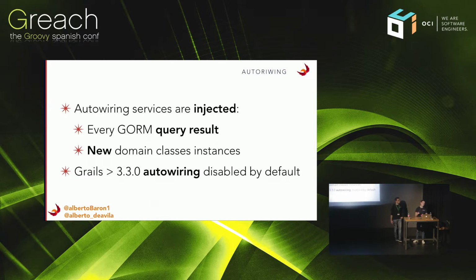If we make a query and it returns, for example, 200 entities of a class, then the service will be injected in all of these instances, even if we don't use it. And this could be a bad performance result. For that reason, since Grails 3.3, auto-wiring is disabled by default.